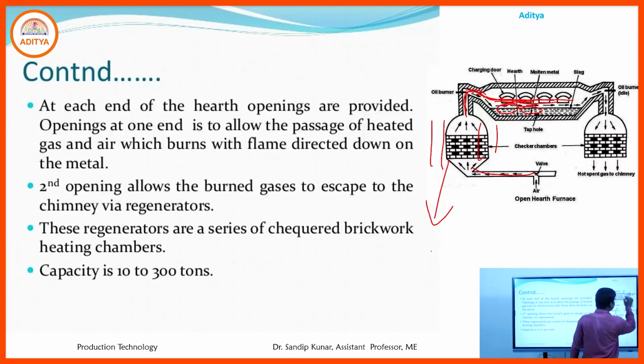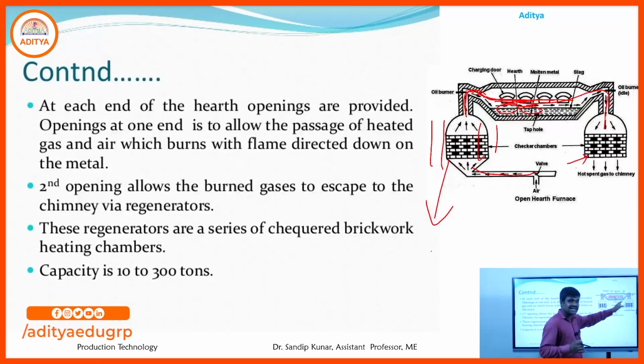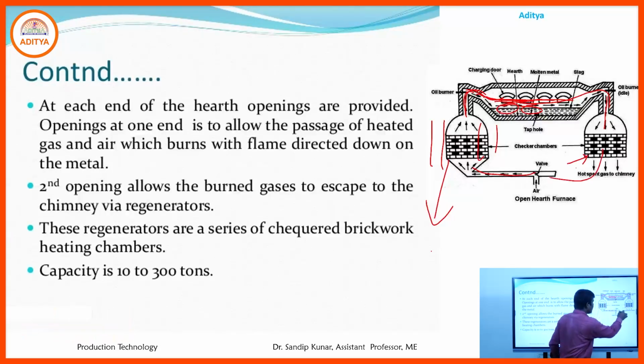Again the gases, heated air and flue gases pass through the brick checkers. When they pass through the brick checkers, they again reheat the produced gas and air, and the reheated gases pass again through the regenerative chambers.